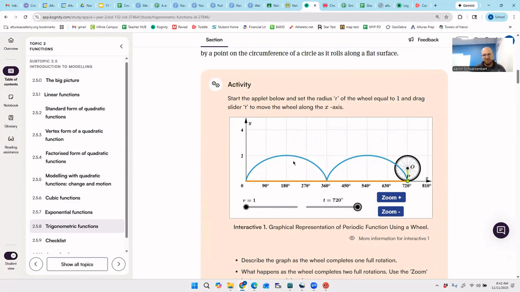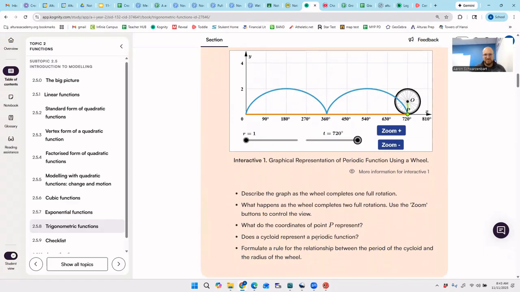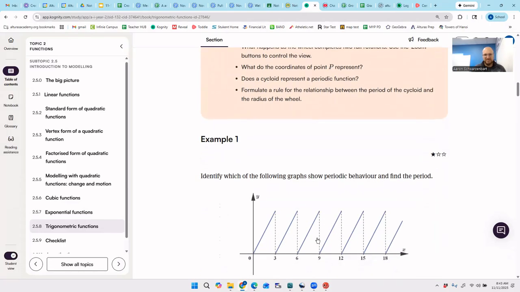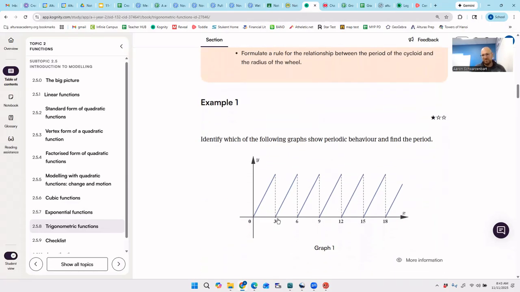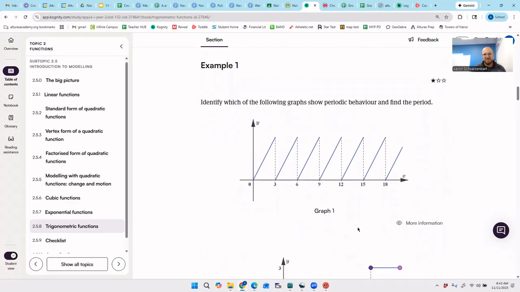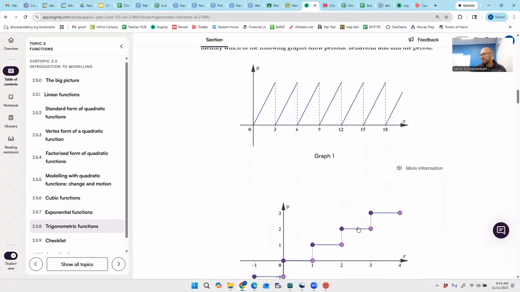And this is angle versus position of point P. So it repeats. This one also repeats. It's an interesting function. Understand that they are periodic.